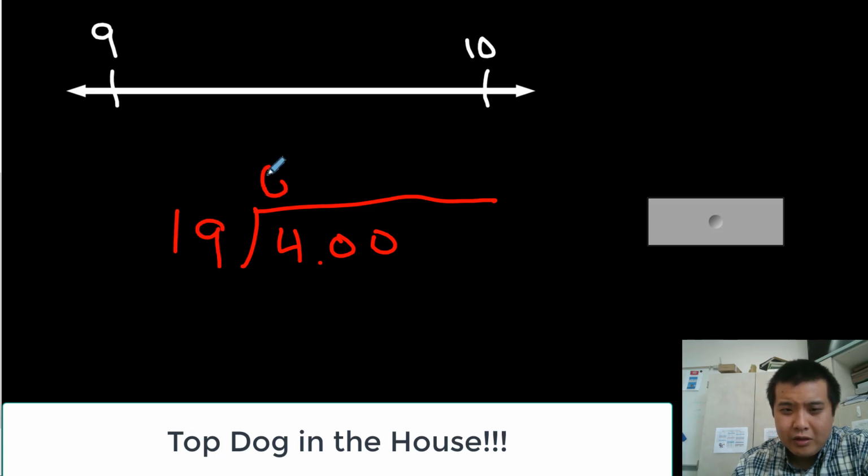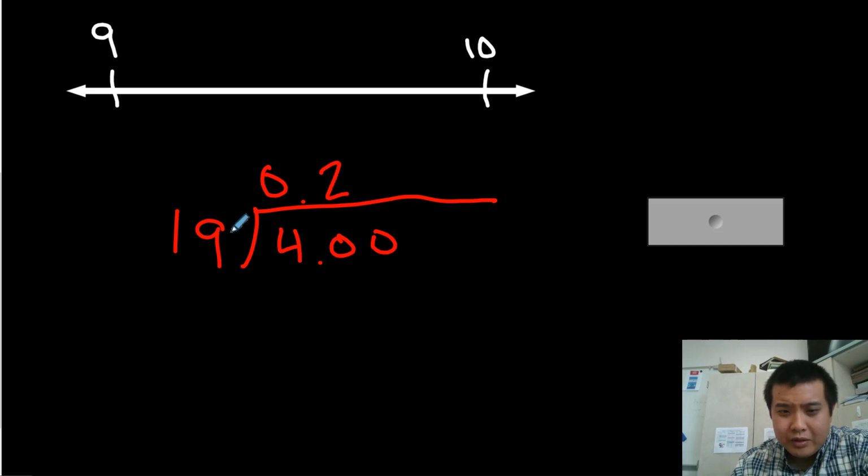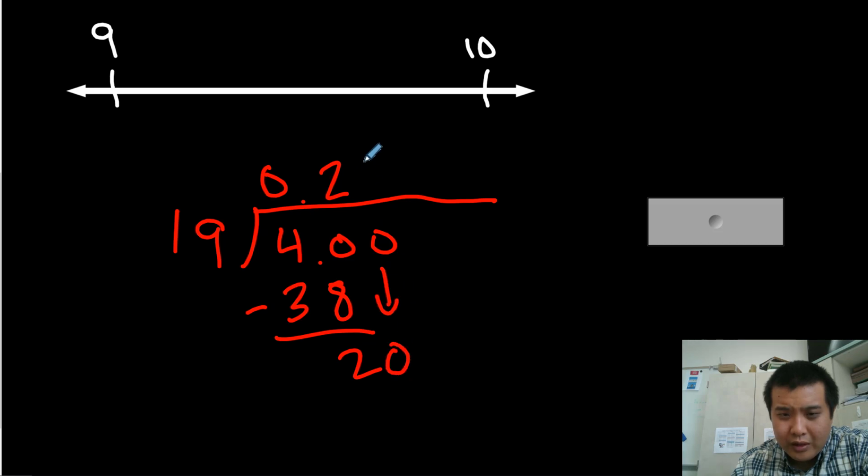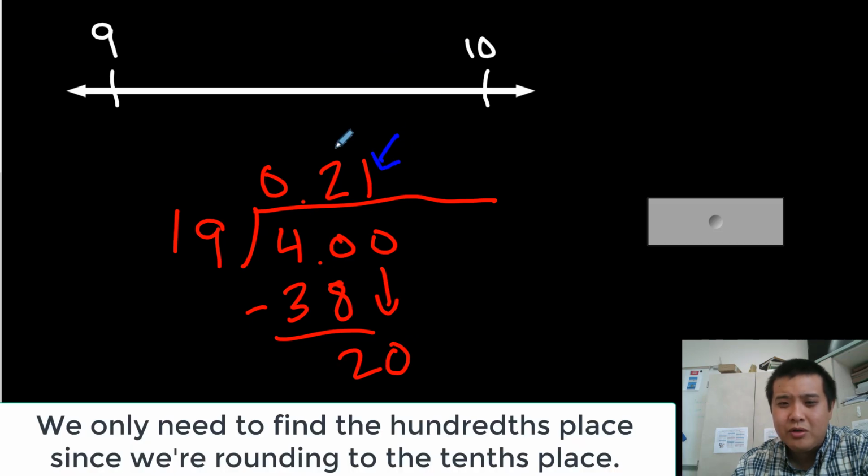So 0.2, because 2 times 19 gets us something close to 40, which is 38. Subtract, we're left with 2. Bring down the next one, 0 and 1. We can stop here because all we need to do is look at the hundredths place to determine what we're going to round the tenths place to, and we're going to round down, so we keep the 2.